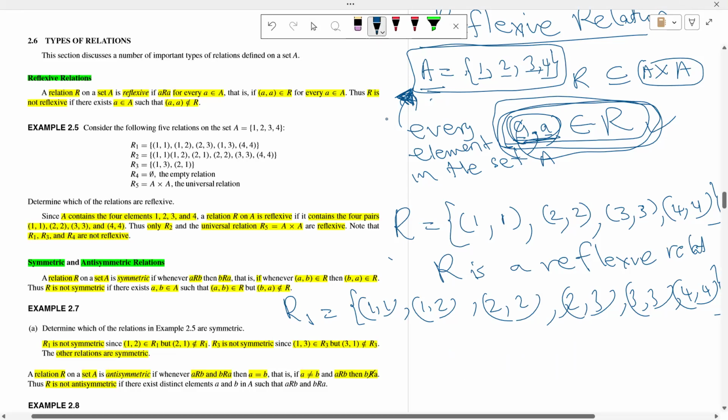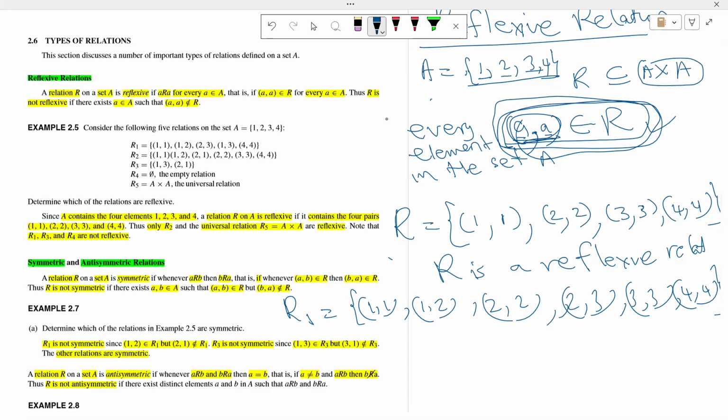Whatever the ordered pairs they have in that relation, the important thing, if you need to check whether a relation is reflexive or not, first you need to check what elements are in the set. In the set A, there are only four elements, 1 to 4, right? So within that relation, definitely they have 1 comma 1, 2 comma 2, 3 comma 3, 4 comma 4.